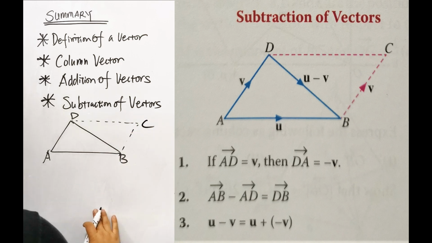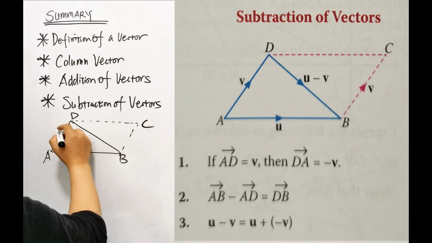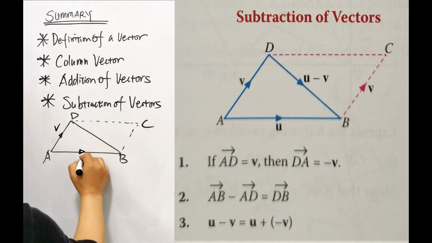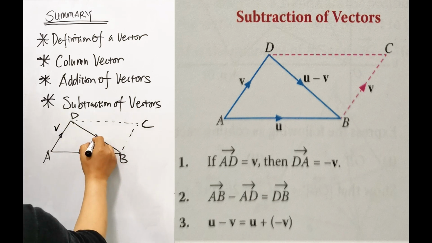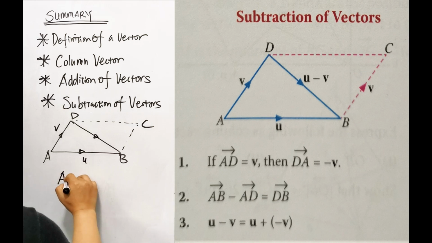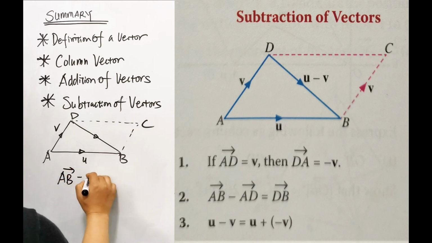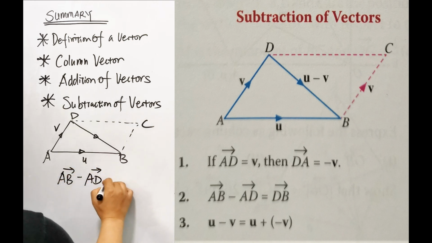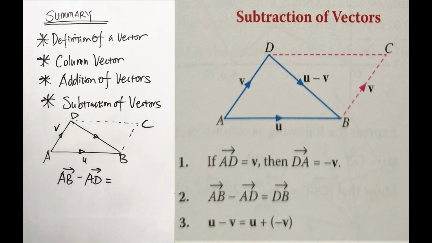So for example, if this is V, this is U, then what do we get? AB minus AD equals what? Remember we learned that. So V equals DB, right?